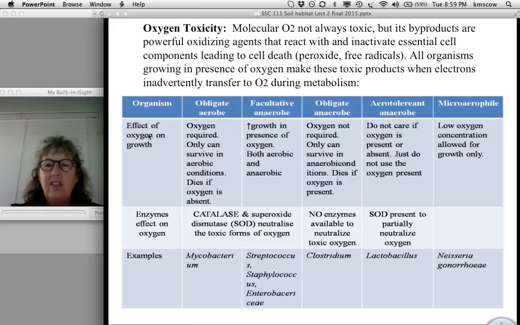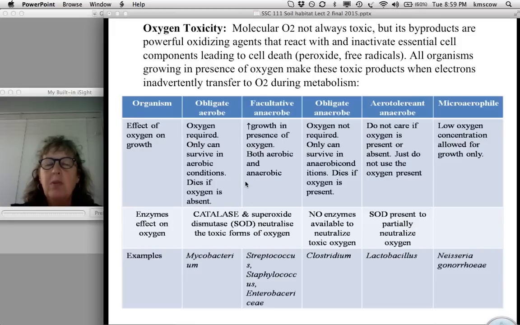So the effect of oxygen on the growth of these organisms: with an obligate aerobe, they're going to have oxygen present to be able to carry out their reactions, and they'll die in the absence of oxygen. And let's group that together with facultative anaerobes. As you recall, if there is oxygen present, they'll use it, but they will also use other compounds as electron acceptors if there is no more oxygen present. So that would be like nitrate and sulfate.